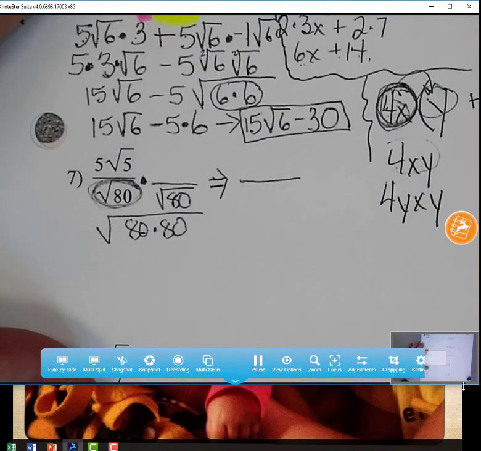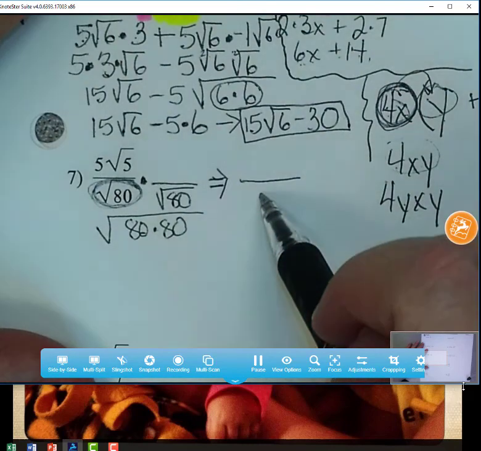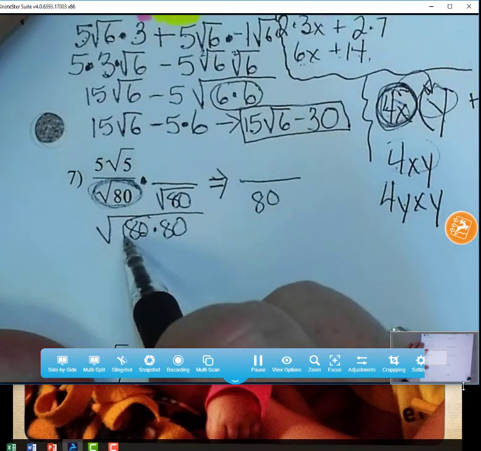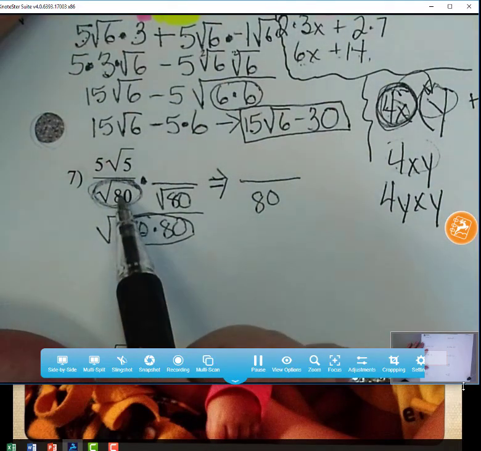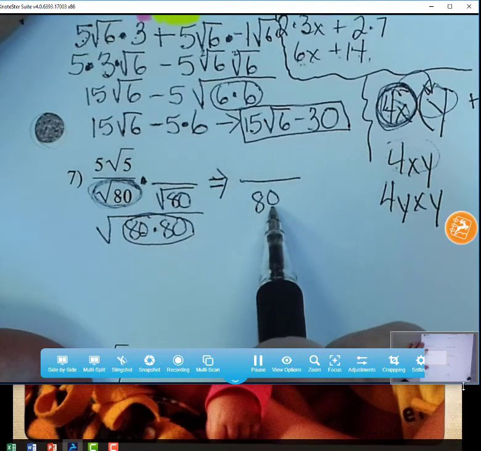You're making it too hard. Mary? Yes, it would be 80. How many are there? There's a group of 2. See, I said you were making it too hard. The square root of 80 times the square root of 80 is just going to be 80. Oh, look, I don't have a radical sign in the denominator anymore. Hooray, that's what I was trying to go for.